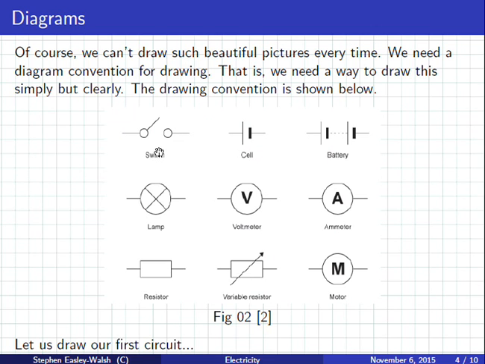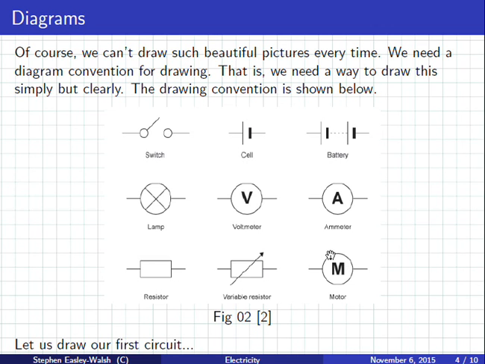Of course, we can't draw such a beautiful picture every time. We need a diagram to draw it simply but clearly. So we have these special symbols that mean different things. Here are all the symbols. The first one is the symbol for a switch. This one is a cell. This one is a battery. I'll explain the difference in a moment. This is a lamp or a light.